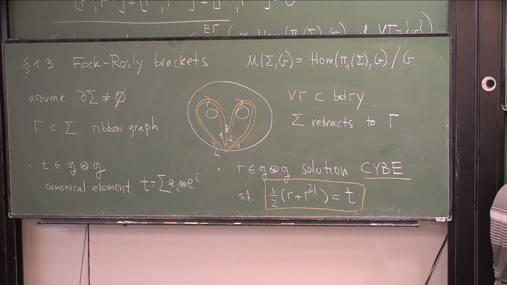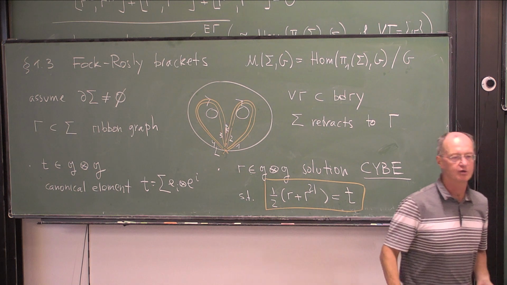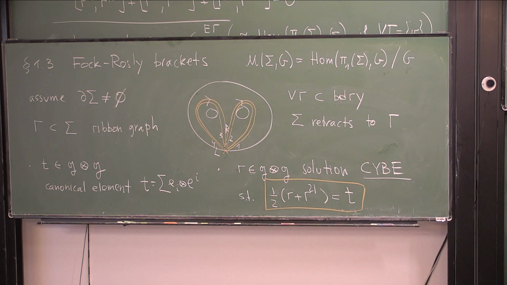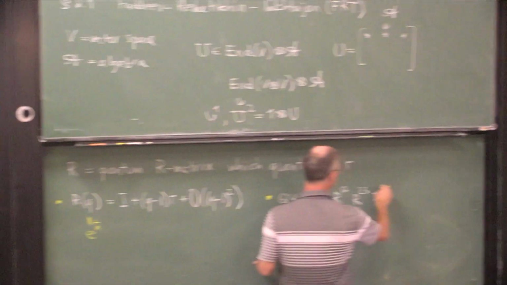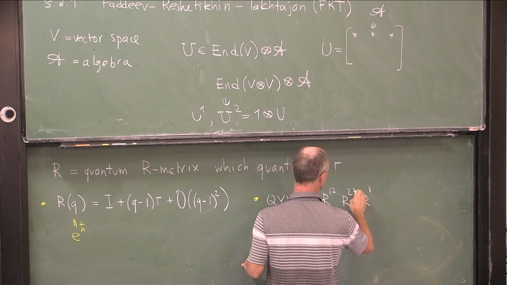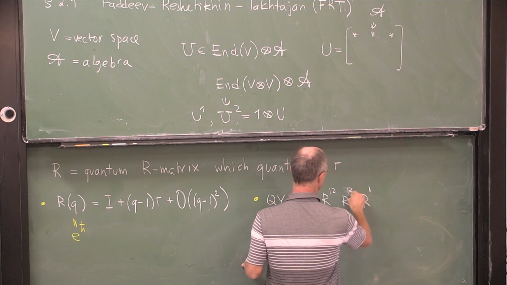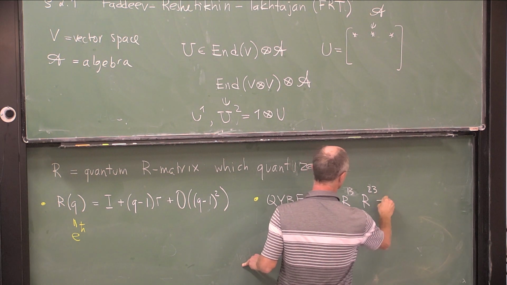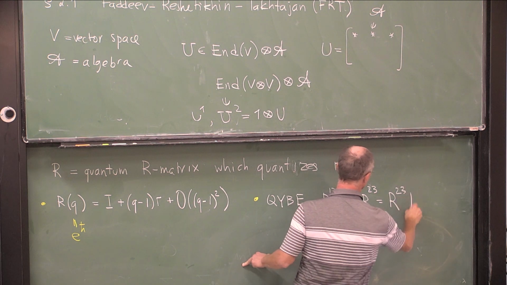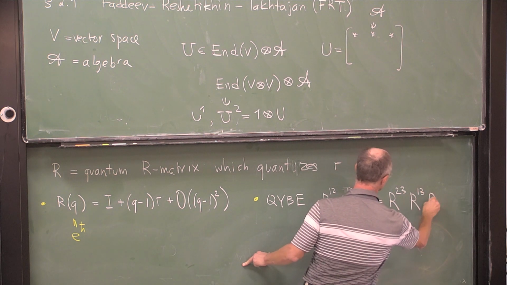And the second condition, you need this R to solve the so-called quantum Yang-Baxter equation, which is R12 R13 R23 equals R23 R13 R12.